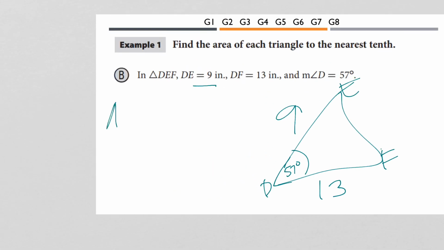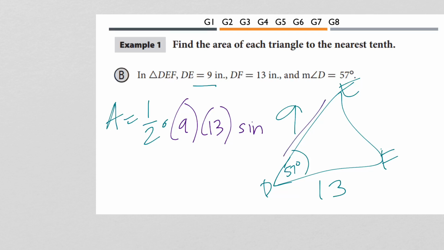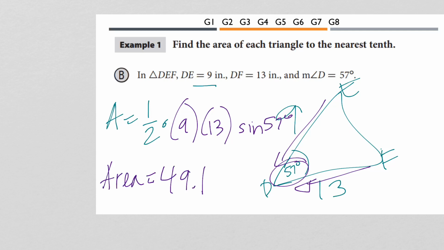So again, area equals 1/2 times 9 times 13 times sine of the included angle. So if you work with 9 and 13, the included angle is angle D, which measures 57 degrees. And if you type that into decimals again, you should get that the area is equal to 49.1, and my units are inches, so inches squared.